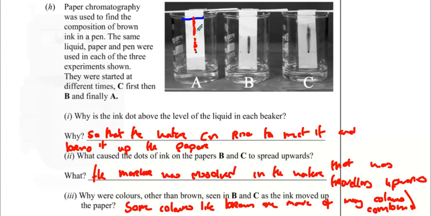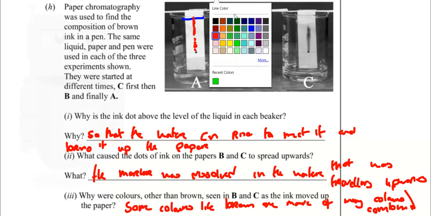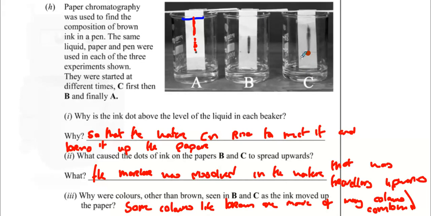So it was a brown marker, but brown can be made up of a yellow, a bit of green, and then a bit of red. So you don't really know. It could be a mixture of different colors.